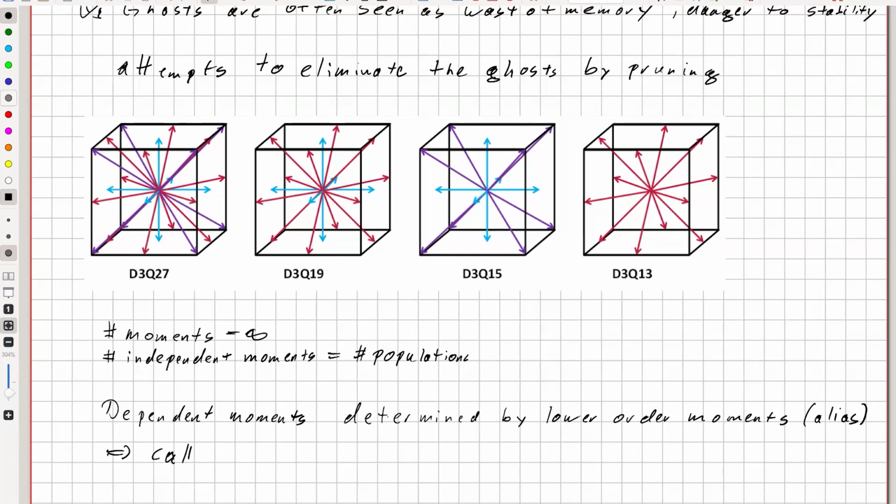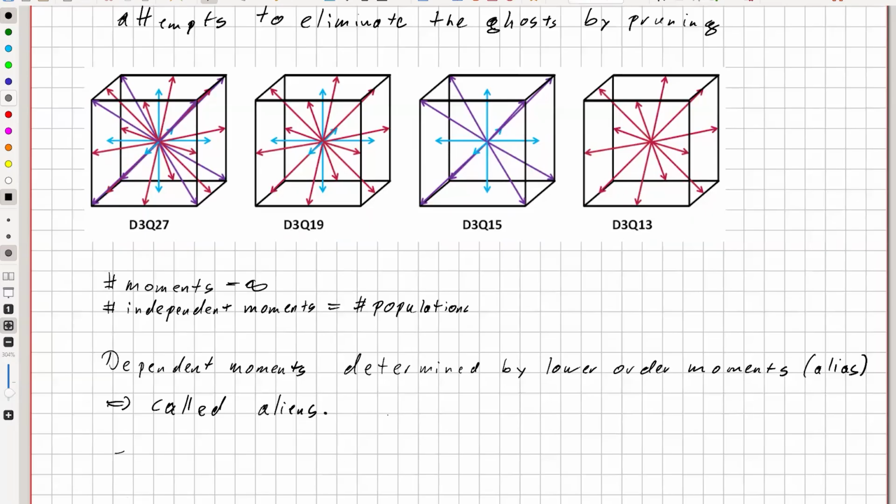Because they are a product of aliasing, we call these things aliens, in reference that the others are ghosts. So the higher moments that do not participate in the Navier-Stokes equation are called ghosts, and the moments that are not independent of other moments are called aliens. So we distinguish this thing here.